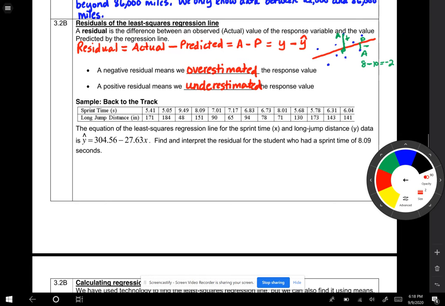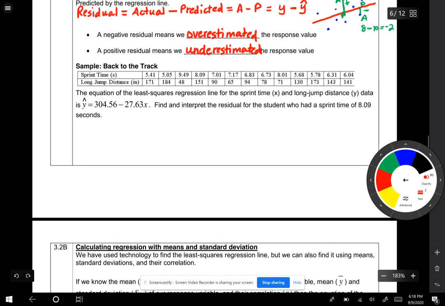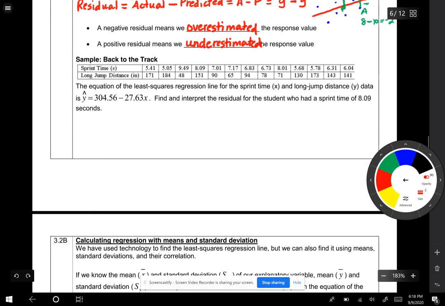Okay, let's do a sample example. This is called back to the track. The equation of the least squares regression line for the sprint time x and long jump distance y data is y hat is equal to, so remember y hat is the predicted long jump distance, 304.56 minus 27.63 times the sprint time in seconds.